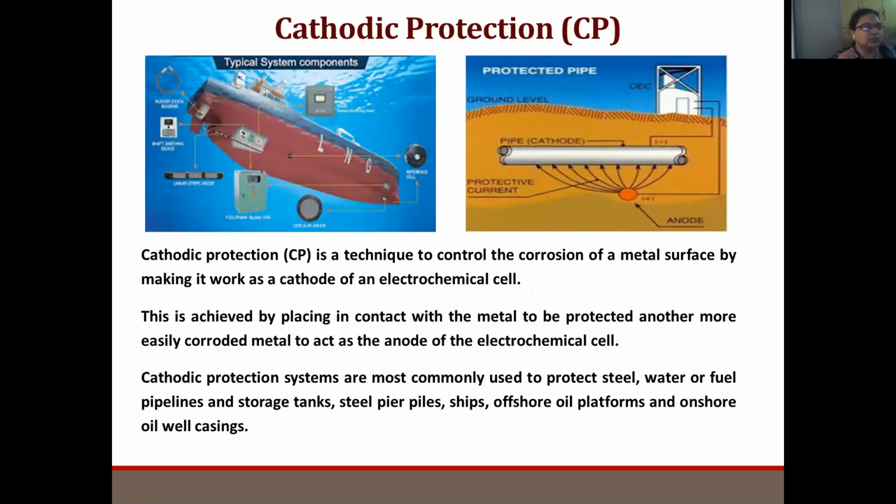This is achieved by placing in contact with the metal to be protected another, more easily corroded metal to act as the anode of the electrochemical cell. Cathodic protection systems are mostly used to protect steel water and fuel pipelines, storage tanks, steel piles, ships, offshore oil platforms, and onshore oil well casings.